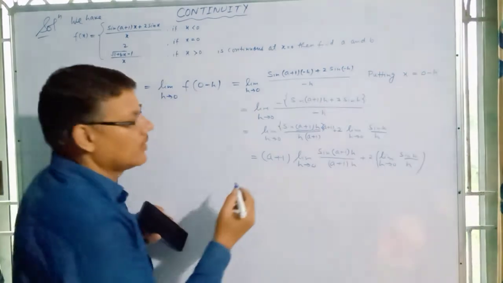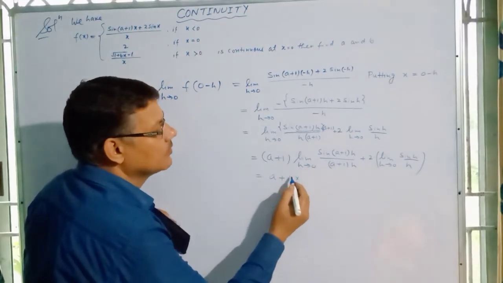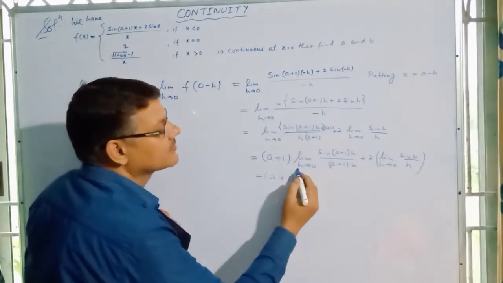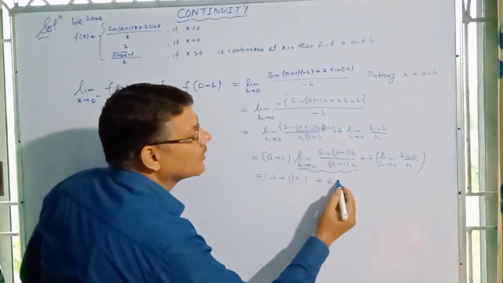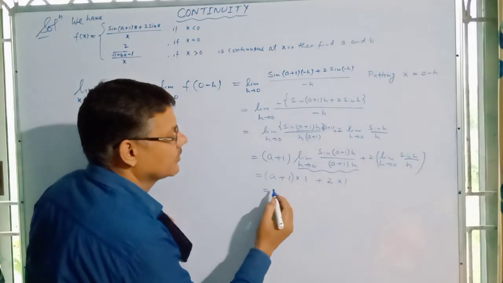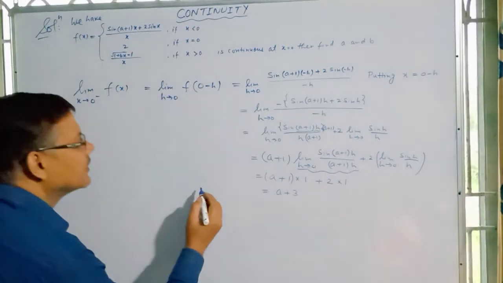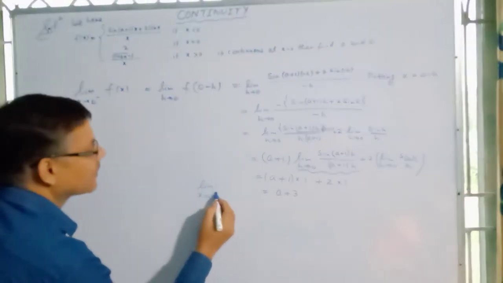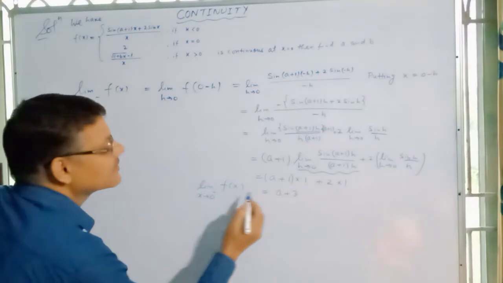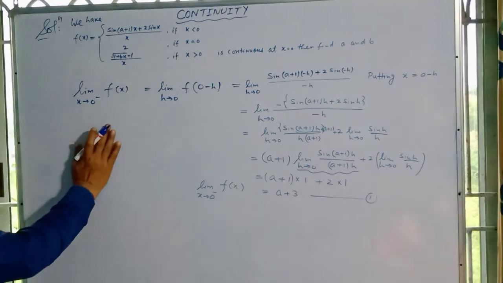Now by the formula we get (a+1) into 1, its value is 1, plus 2 into 1, and it is equal to a + 3. From here we get the limit as x tends to 0 from the left of f(x) is equal to this. Make it equation number 1. This is about the left hand.